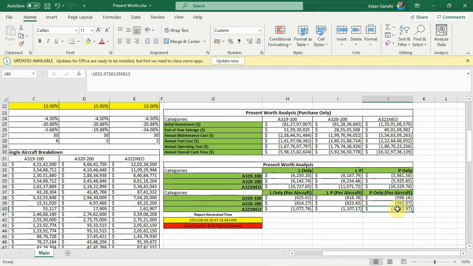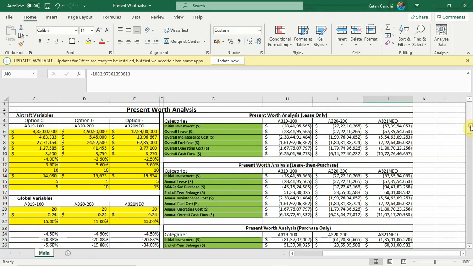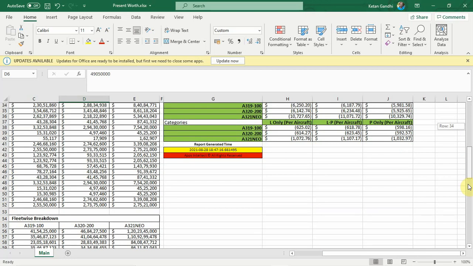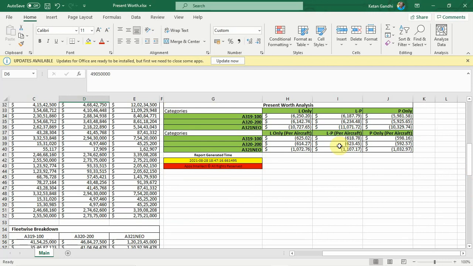It is 103 million 297,000. In the same way for A320, the new aircraft was costing 49,050,000. What's its present worth for this particular one? It's 110,717,000. And for lease and purchase, this is the scenario.